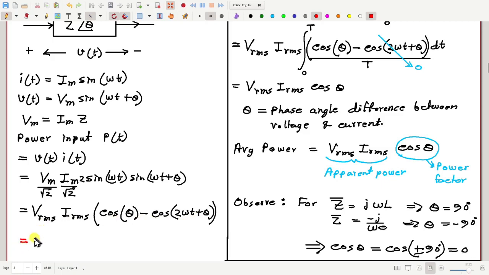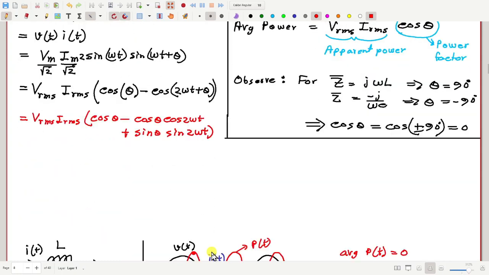This we can write as Vrms Irms cos theta minus, let me expand this cosine term, cos theta cos 2 omega t plus sin theta sin 2 omega t.